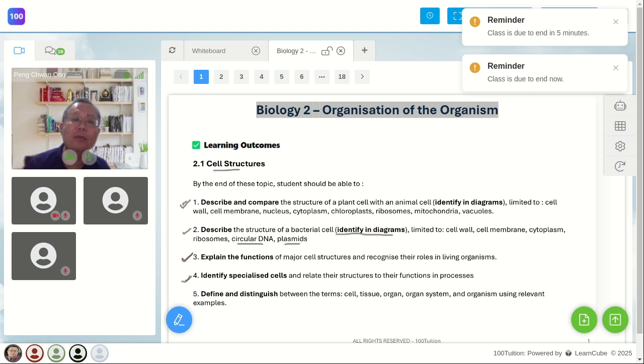Fourthly, we identify the specialized cells, the 6 of them. The ciliated cells function to move the mucus in the trachea and the bronchi, which is our breathing pipe to the lungs.